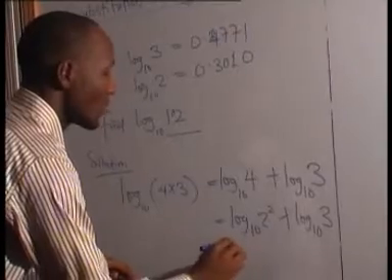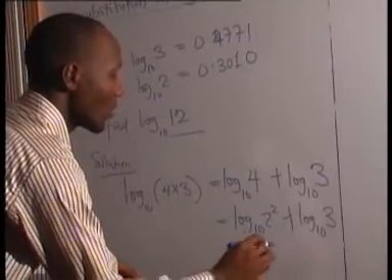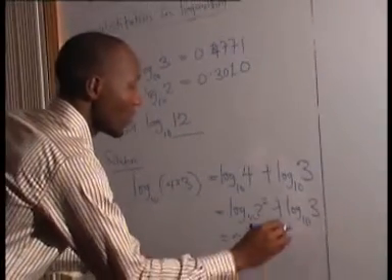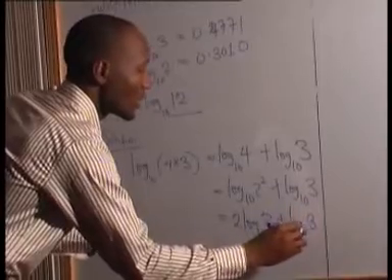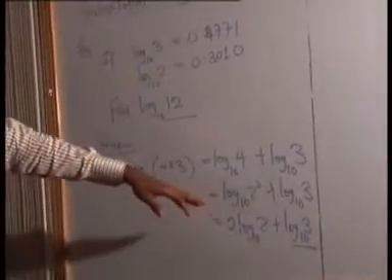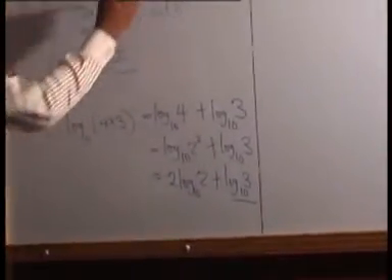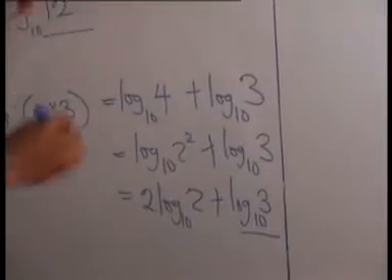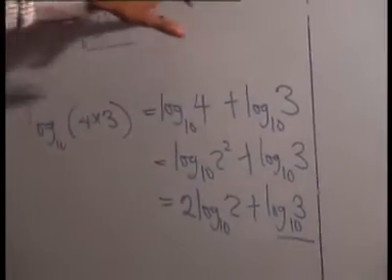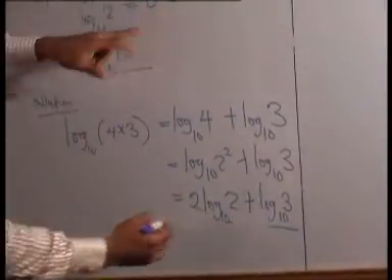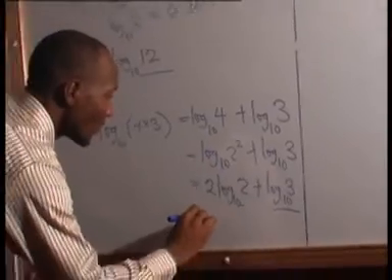So you have 2 log 2 base 10 plus log 3 base 10. You now substitute the actual values that you are given. Here we are given that log 3 base 10 is 0.4771, then that of 2 is this. So you substitute.